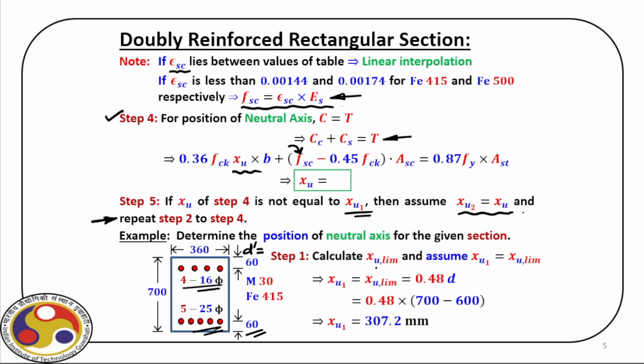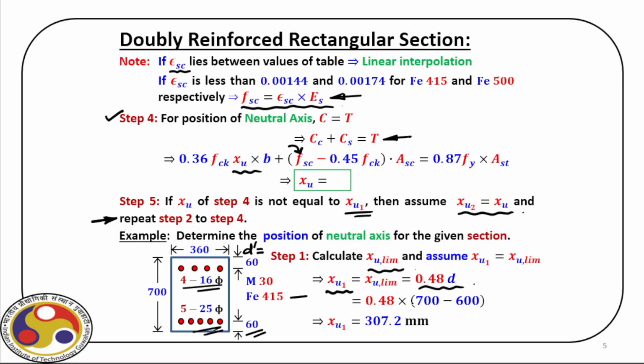In step 1, we find XU limit, which we can directly find from this given information. So in our case, XU limit, which is our first assumption XU1, is 0.48D.